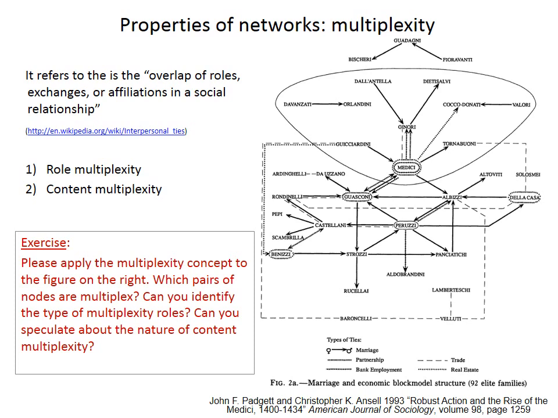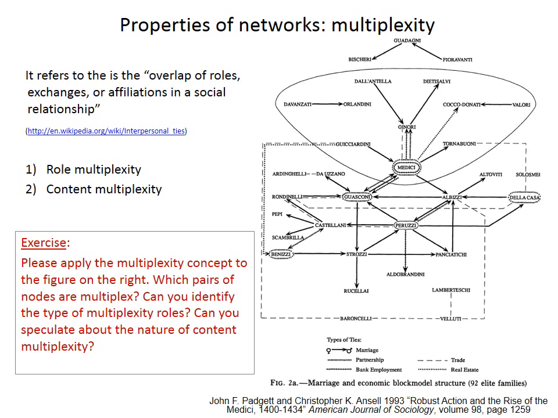So if you want to describe the links between those two nodes, you may need multiple links to refer either to the roles that the nodes will be playing, or to the informational content that the two nodes may be exchanging. This concept is captured by the idea of multiplexity.